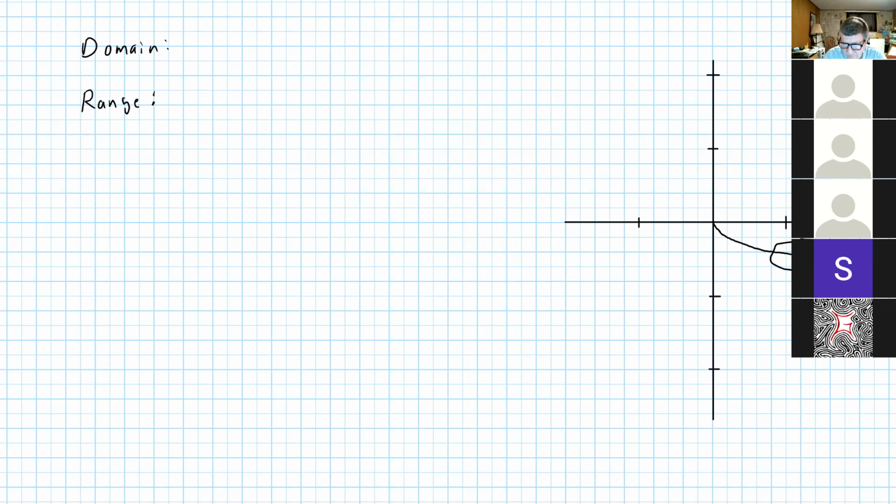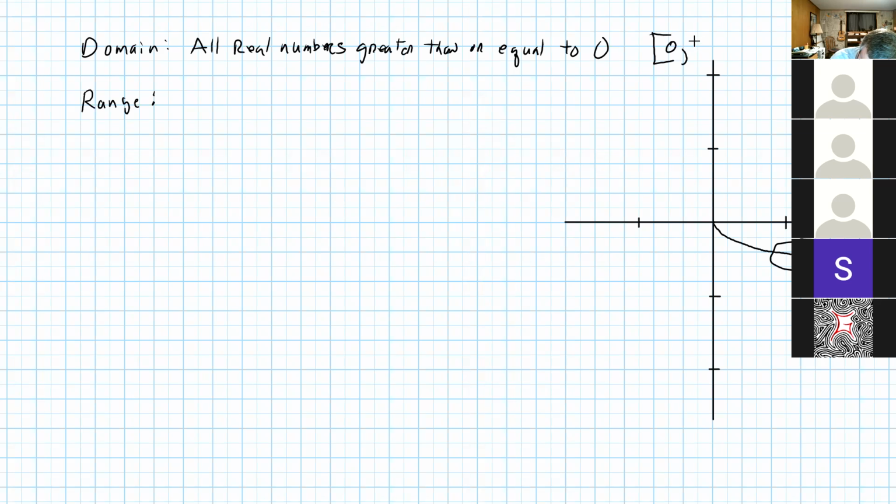To positive infinity. Right. So the domain would be all real numbers greater than or equal to 0. And in interval notation, it would look like this: bracket 0, comma, infinity, parentheses.